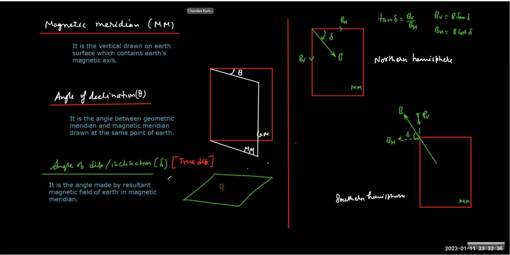So the simple fact is, true dip is always measured in which meridian? Magnetic.